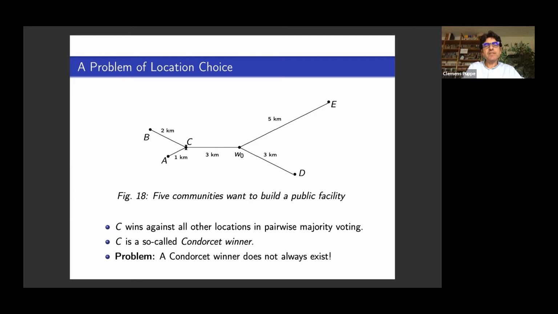Notice that if you simply assume that preferences are very simple, the further away the facility from your own place, the worse for you, then C is the Condorcet winner. How do you see that?